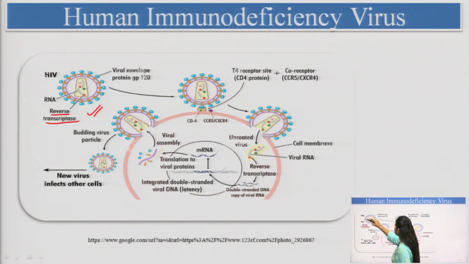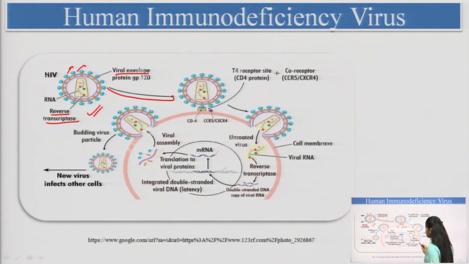On the envelope side of the HIV we have viral envelope proteins. These proteins will bind to the cell. Here we can see it attaching to the T cell, where the first protein attaches to the CD4 site.